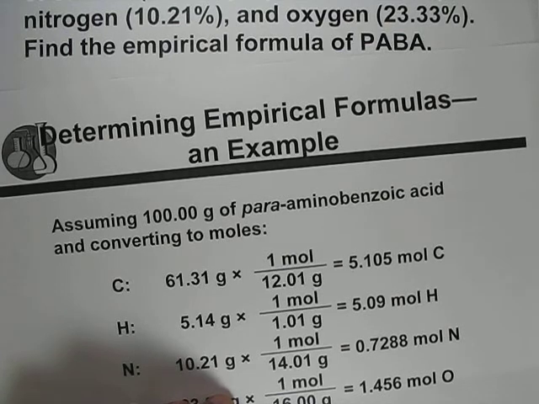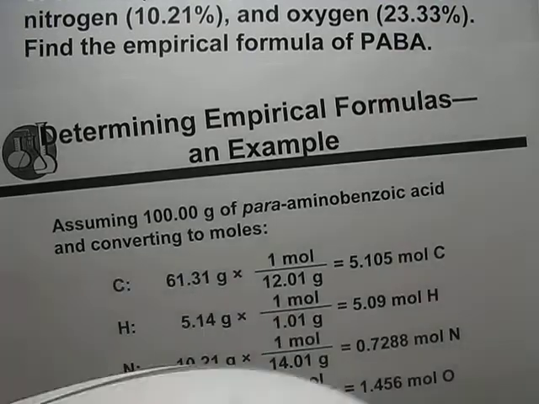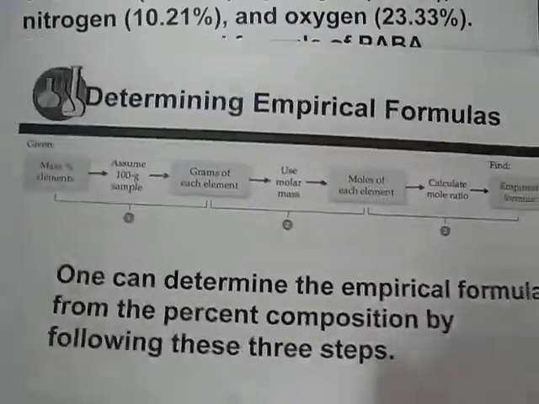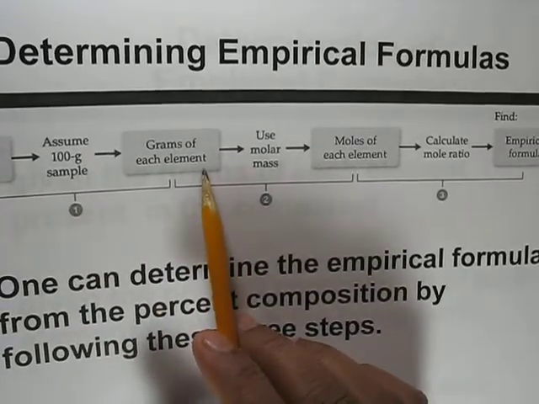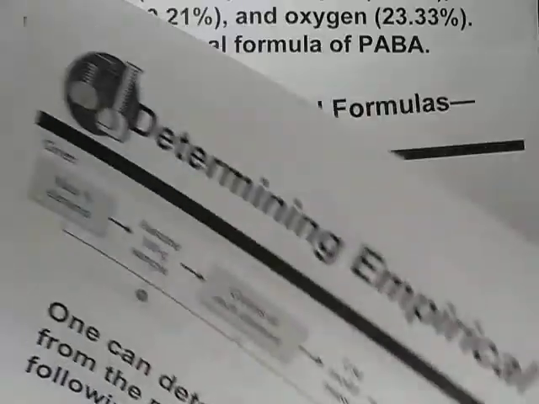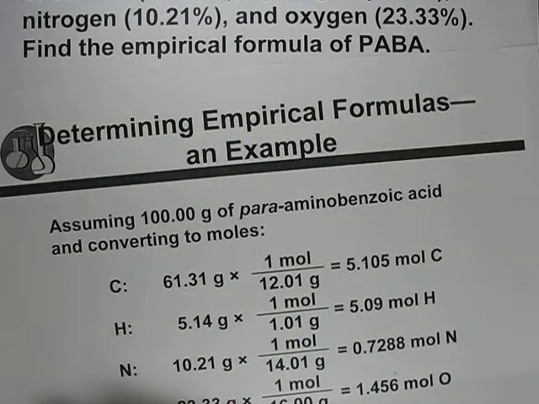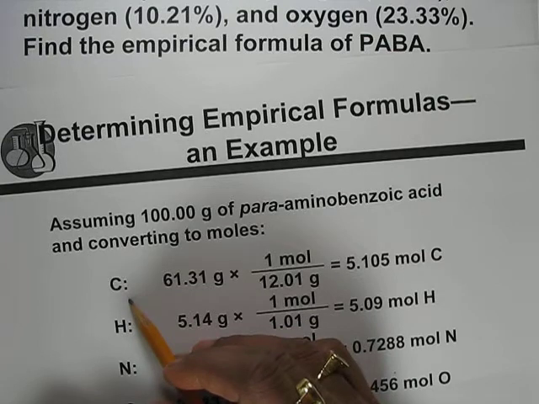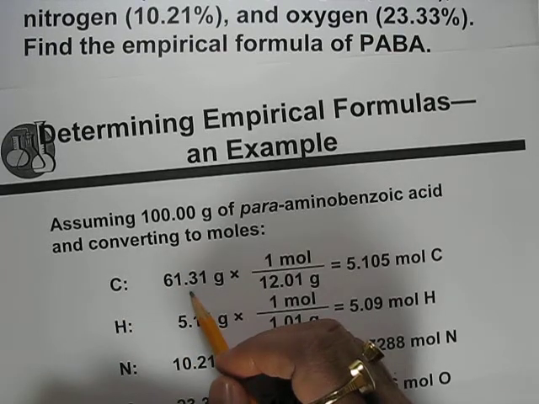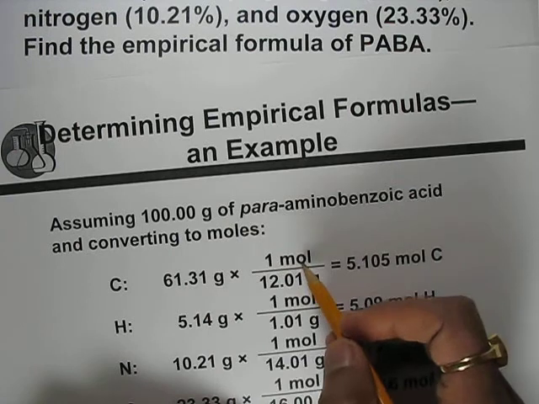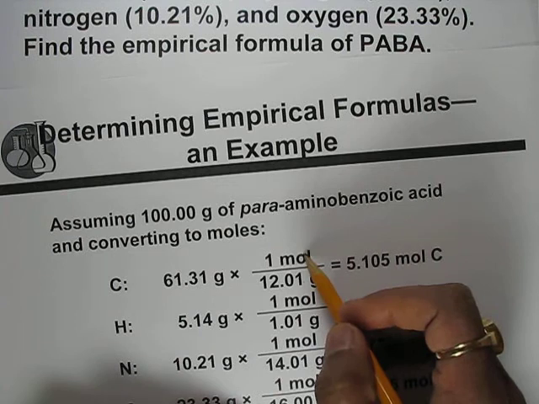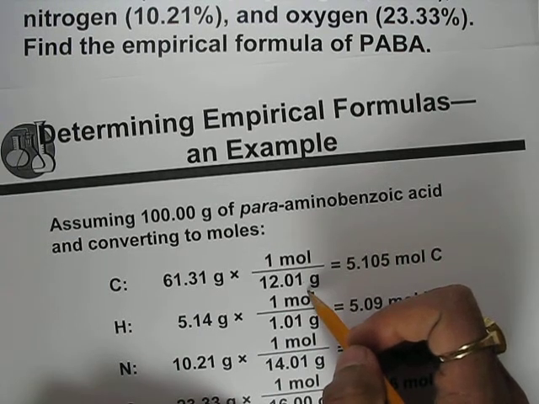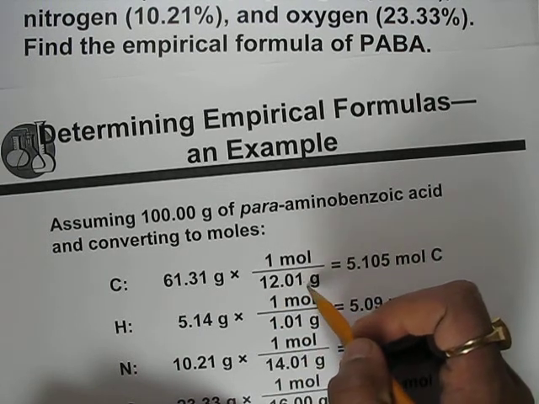If you remember this simple rule we have seen, first we convert all the percentages, assume 100 gram of sample, and convert grams into mole. So we convert the percentage of carbon into a gram quantity, 61.31 gram, multiplied by 1 mole, and 1 mole of carbon weighs 12.01 gram.